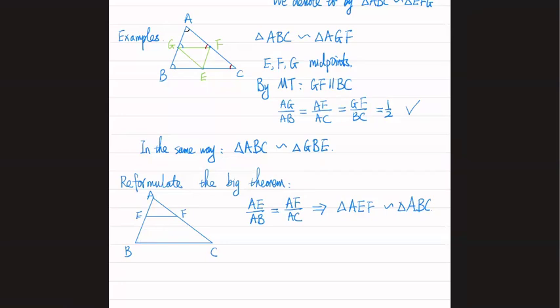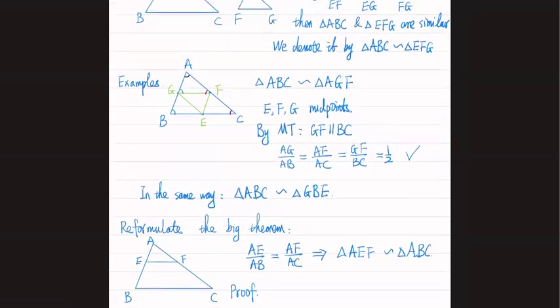Okay, let's see how to prove this. What do we need to check such that the two triangles are similar? We need to check a lot of properties.